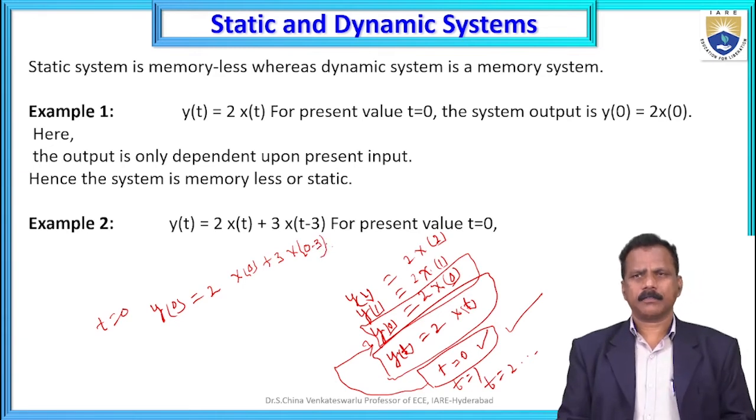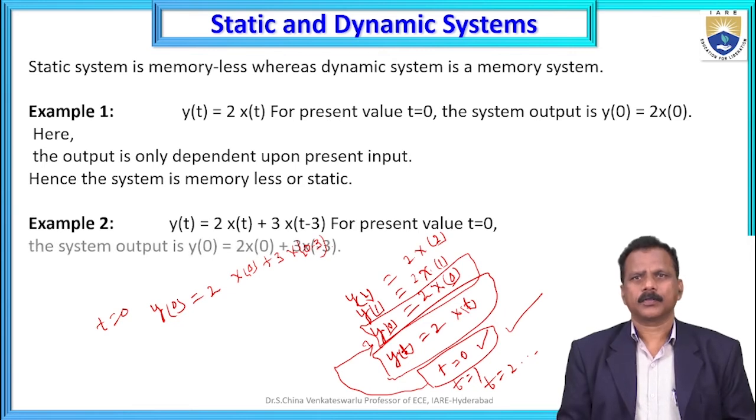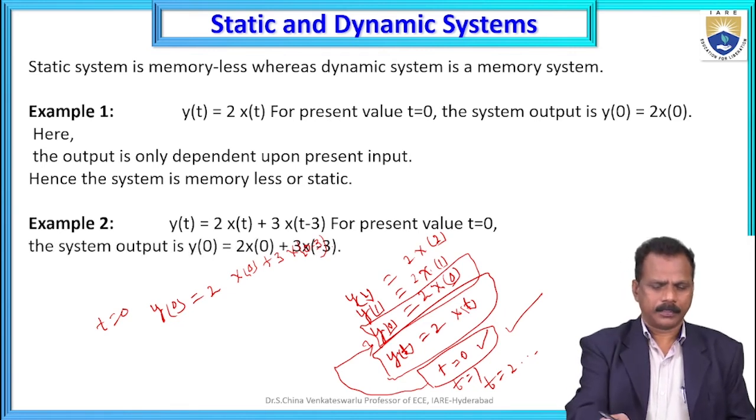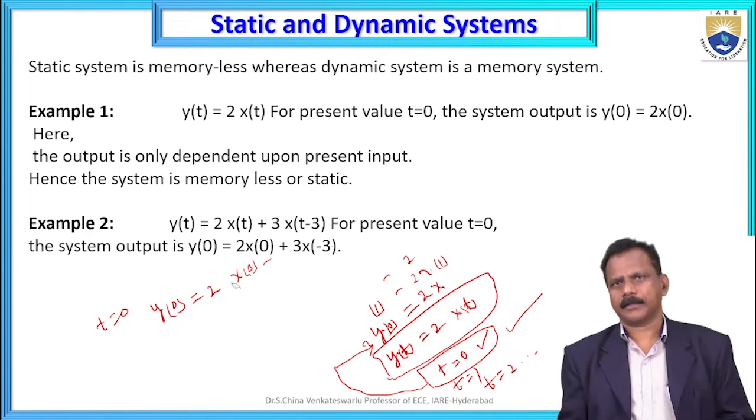Like this, for present value t equal to 0, it varies. So from this case, we can easily verify that the system may be static or dynamic, or memory or memoryless system. You can decide the factor.